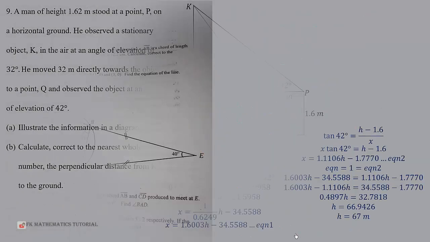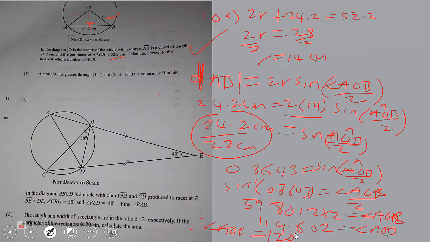Question number 10b. We are supposed to calculate the equation of a straight line. A straight line passes through the point (1, 4) and (3, 0).